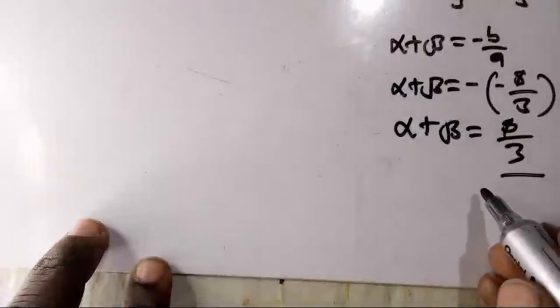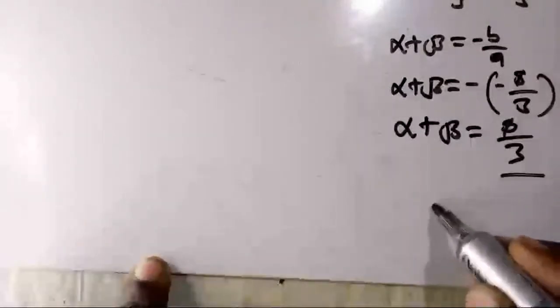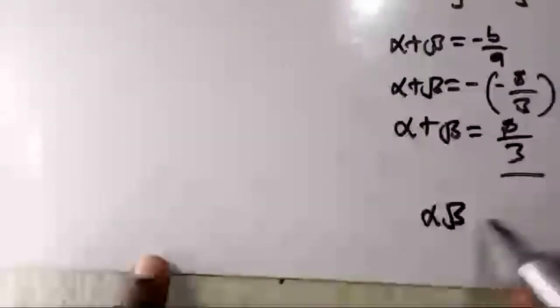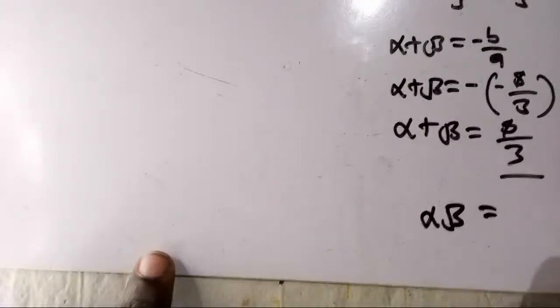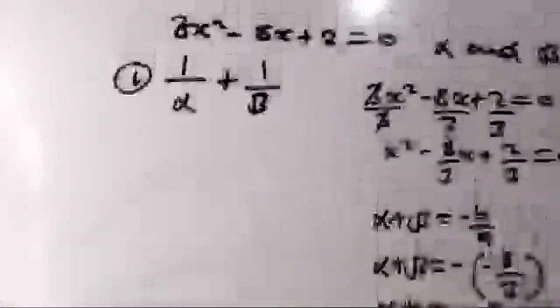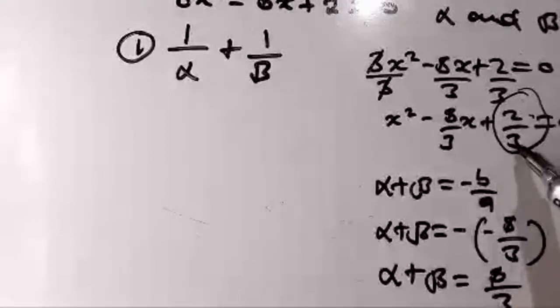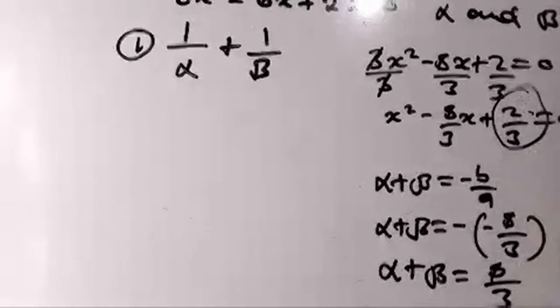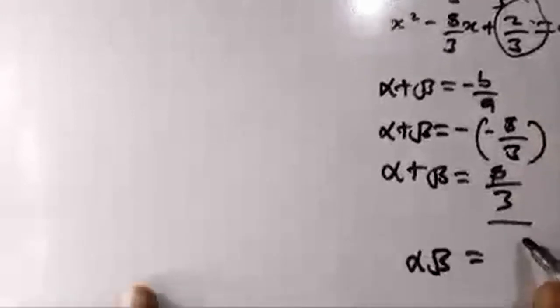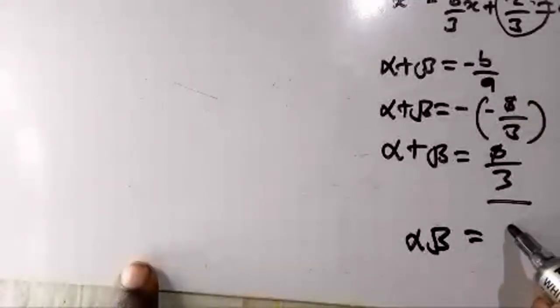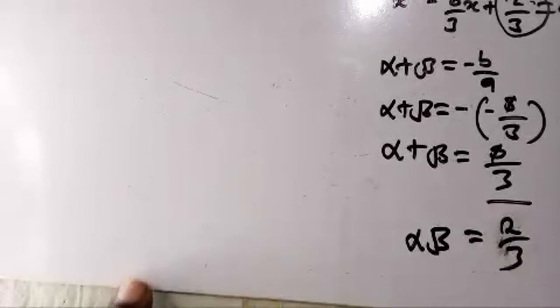So let's find the product of alpha and beta. We know that it is this term here, c over a, because this is the constant. So alpha multiplied by beta will be 2 over 3.